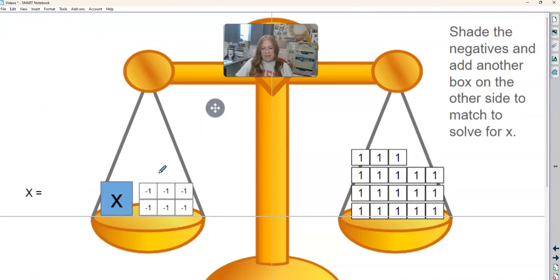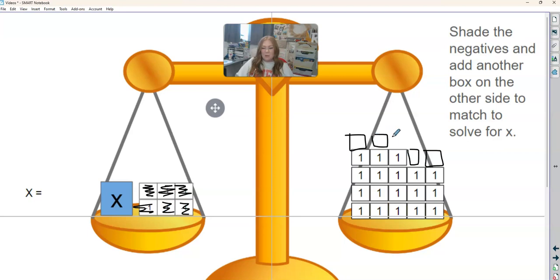Okay, now we have some negatives. So we're at -1. We've got to add 1 to get to 0. So we're adding this one, adding a box, adding on this one, adding a box. Here's a third one we're going to add on. And I'm going to do this whole bottom row at one time. 1, 2, 3.